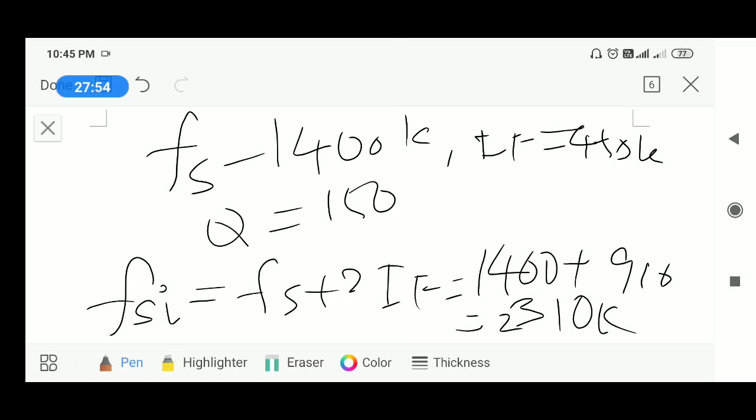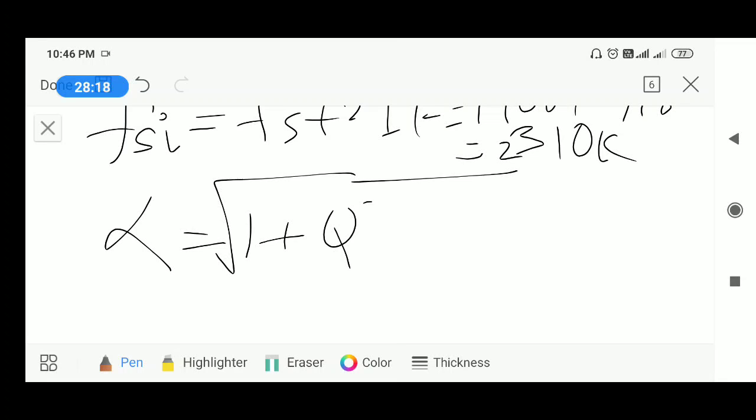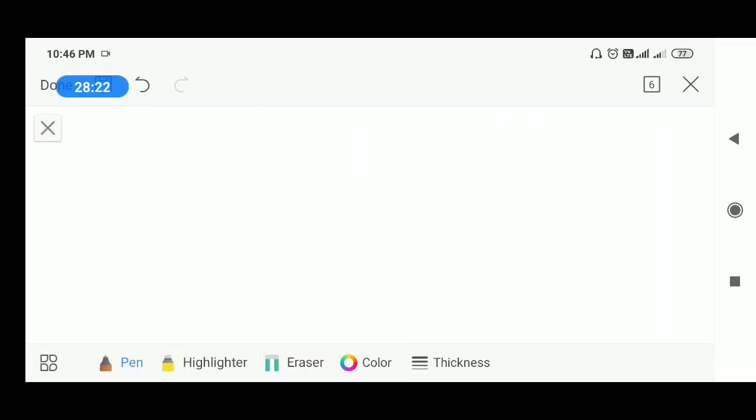And the image frequency rejection ratio, IRR or IMRR, is the square root of 1 plus q square rho square, where rho is equal to Fsi by Fs minus Fs by Fsi. First we need to calculate rho.